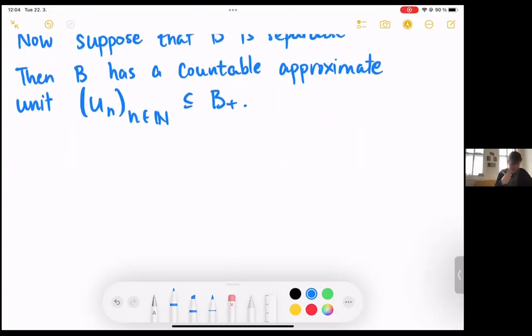Now, if we're assuming these guys have norm at most one, then this certainly converges.